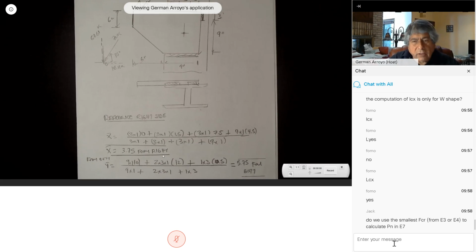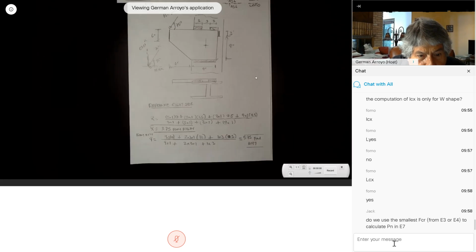Any questions about this? So that had located my centroid, 3.75. So this distance from here to here, 3.75, I had located this axis. Now I need to locate the horizontal, and I use this as a reference.